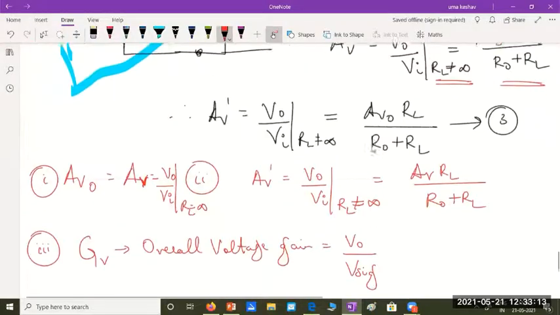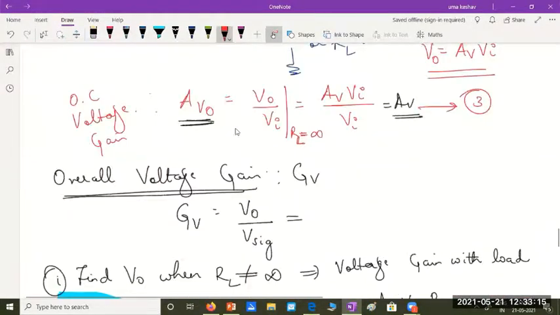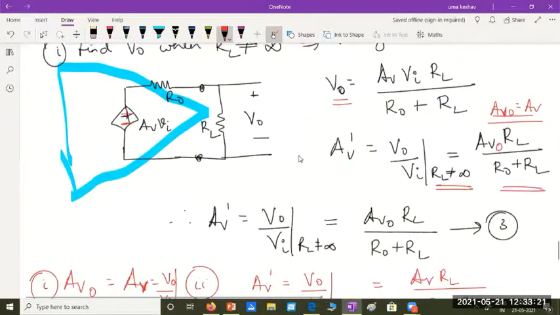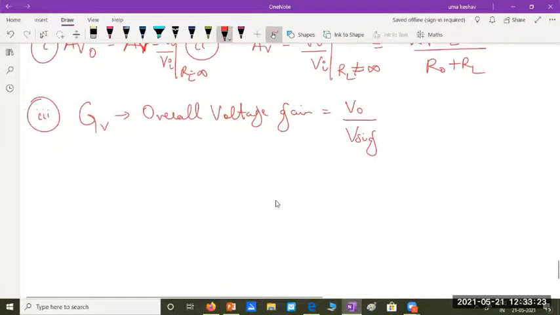Okay, this is what you can measure. So this is our final or overall voltage gain. In order to find this value, I can rewrite this by multiplying and dividing it with Vi.